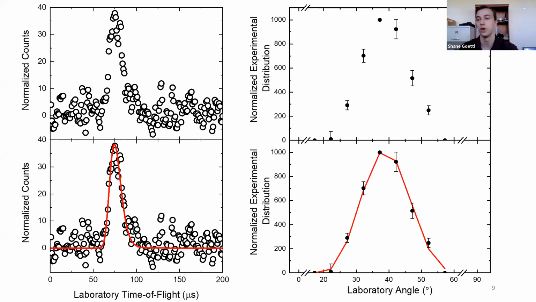From these, we go back and calculate the time-of-flight spectra and lab angle distribution, which we see as these fit lines. So this is an iterative process in which we change parameters to eventually get a decent fit of our data.